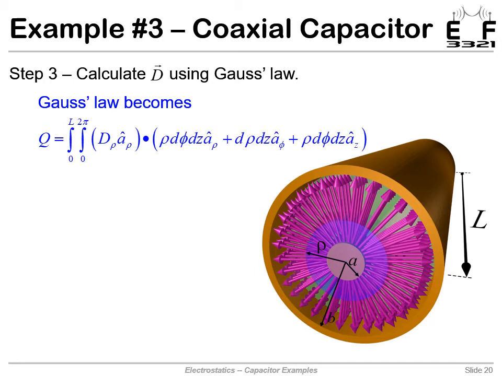So we have our equation to integrate flux. We're in cylindrical coordinates. So we have our D field, and we're doing a dot product with ds, and in this case, that is our ds. And we're choosing our limits of integration.